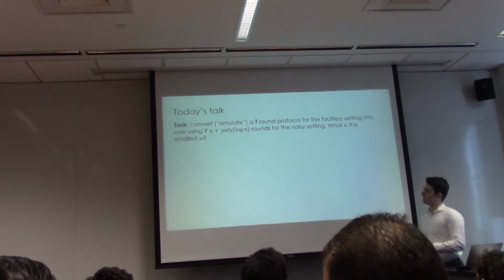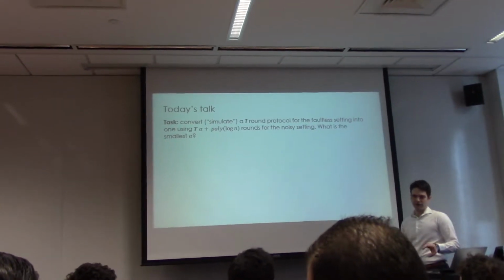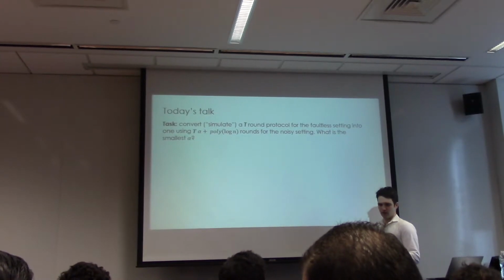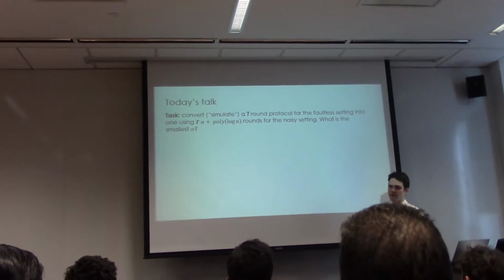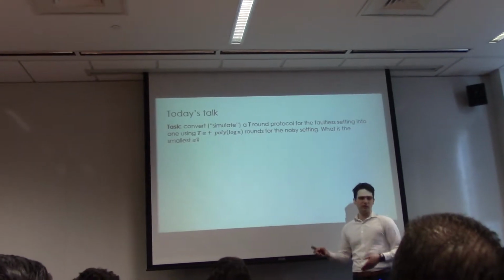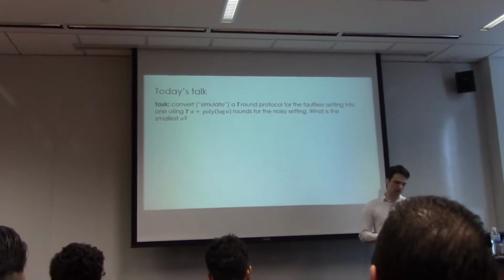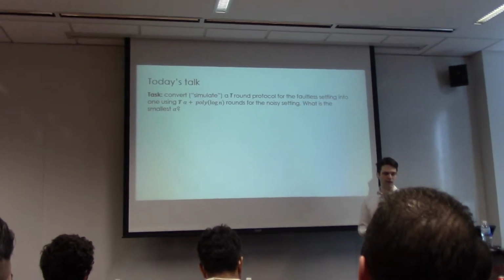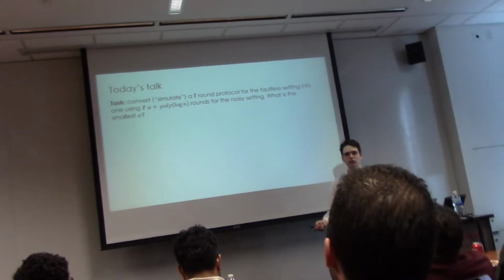Let's formalize this: you're given an arbitrary big T round protocol in the faultless setting that can use all these timing techniques and leverage the deterministic nature of the original network. And you want to convert it, simulate it in the faulty setting. How do you do it?